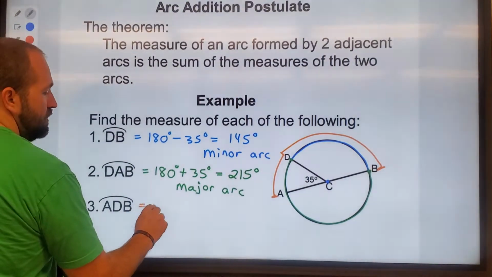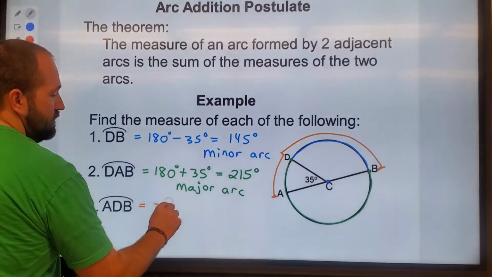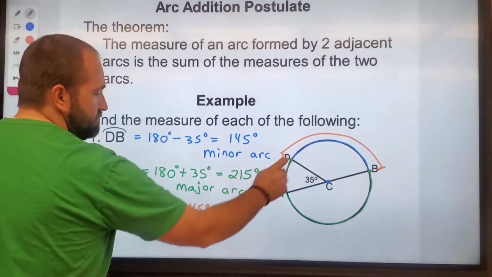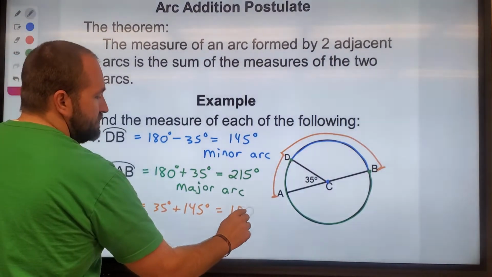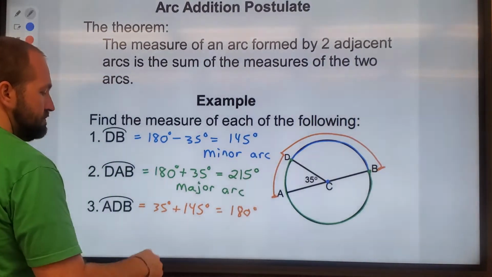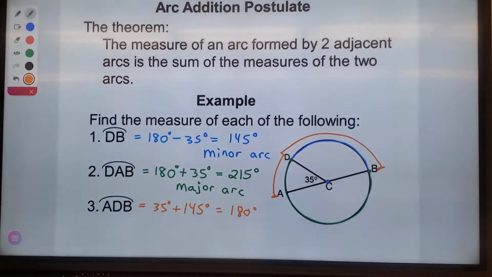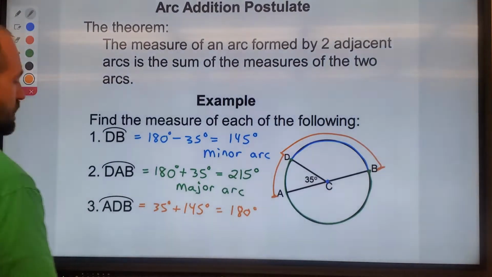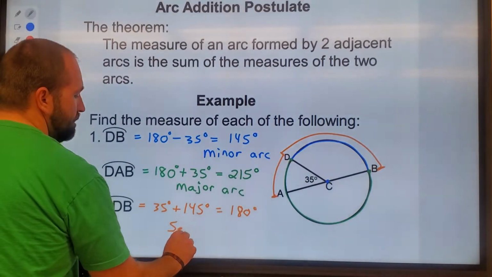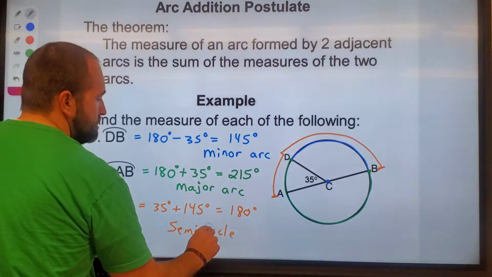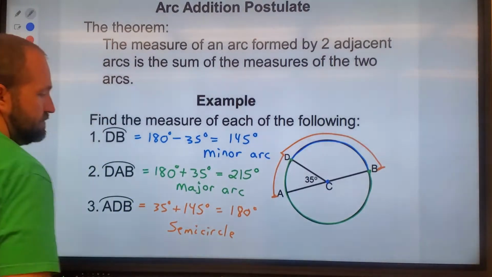I could do the 35 degrees plus that 145 degrees from DB, which would give us 180 degrees. Or I could just see that that's half of a circle and say it's 180 degrees. Then I need to classify that. It's not major, not minor, because it is exactly 180 degrees, which makes this a semicircle. There you go.